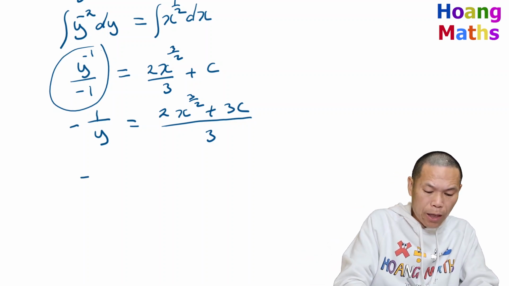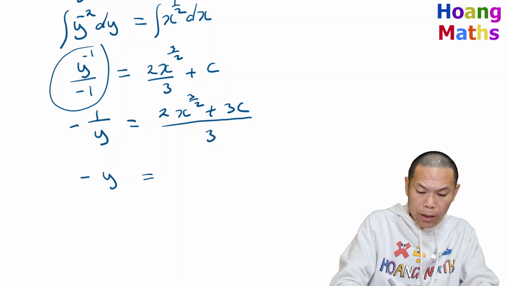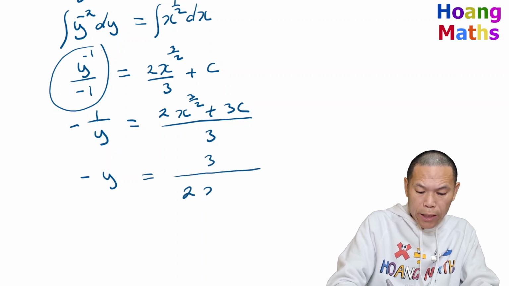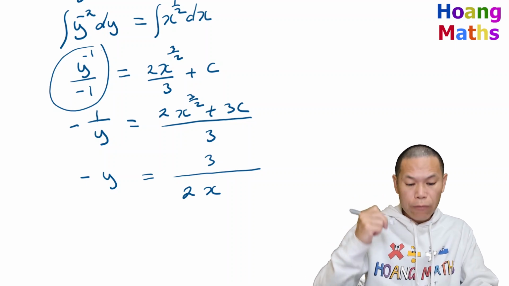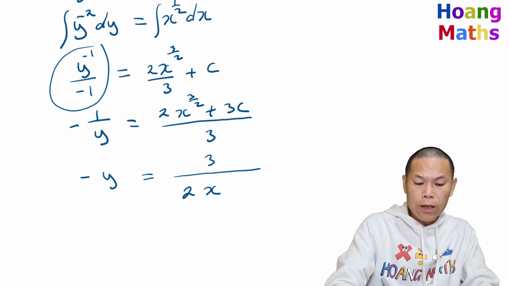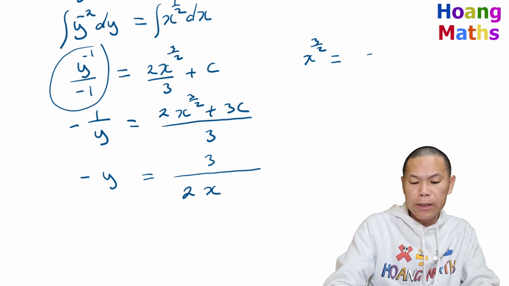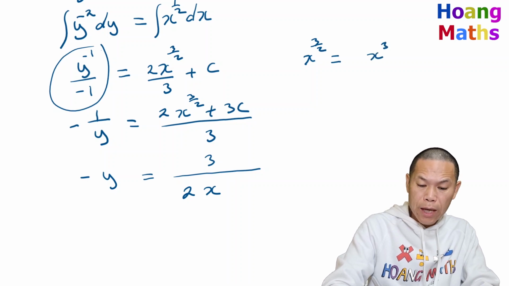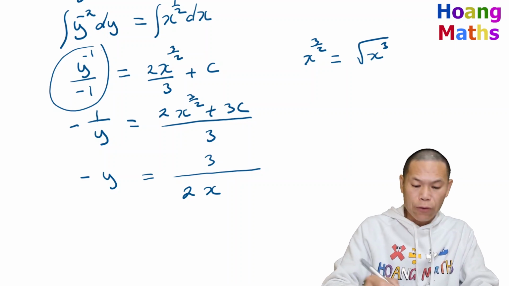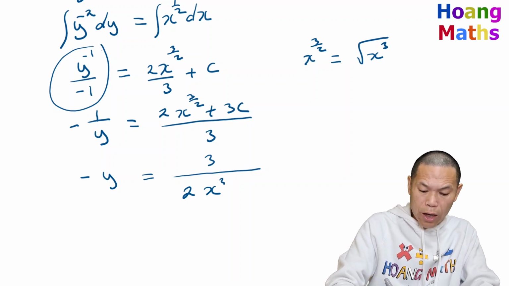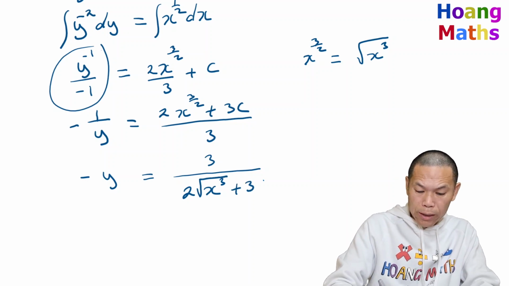So that becomes negative y is 3 over 2x power of 3 over 2. Don't forget, if it's x power of 3 over 2, this is exactly the same as x power of 3 and square root of that. So let me just write on here, square root of this. And then we add 3c.